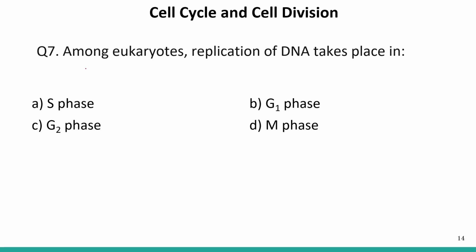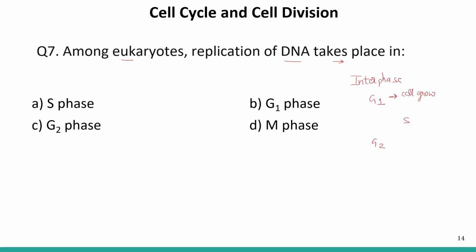Now coming to the next question, here they are asking, among eukaryotes, replication of DNA takes place in, again they are talking about the interphase here. Interphase is again divided into G1, S and the G2 phase. In G1, cell growth is taking place.